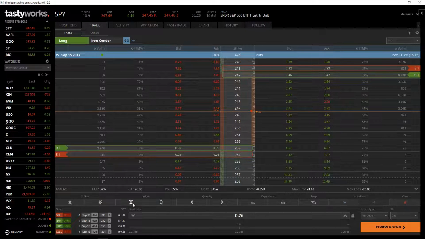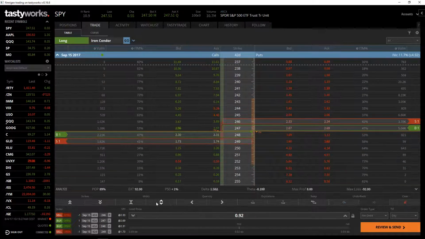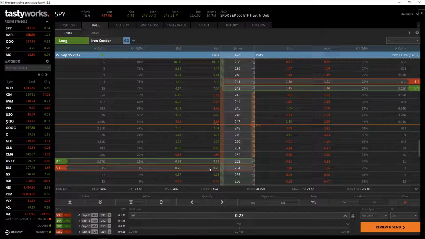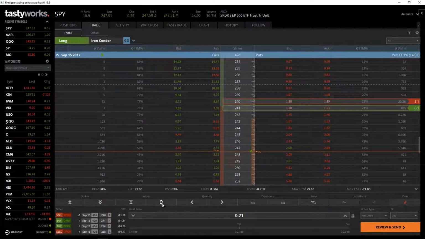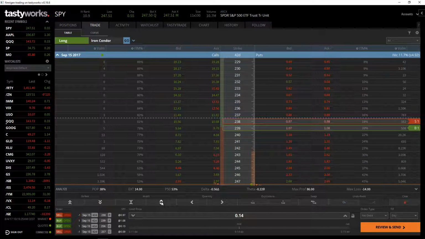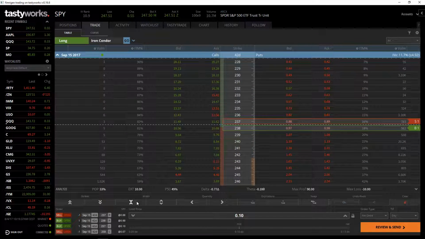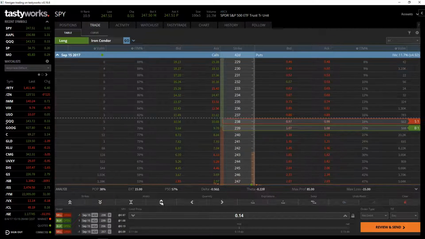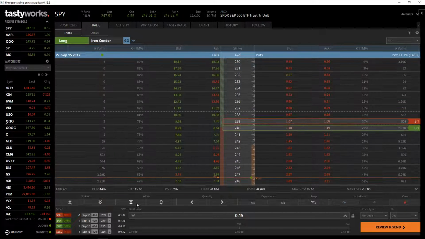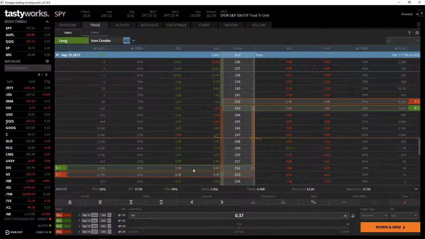Again, you can edit the strategy down here. This time if you increase the width of the strikes, the probability of success will go down, but the max profit will go up, and the max loss will also go down if you increase the width. So exactly the opposite of a short Iron Condor.